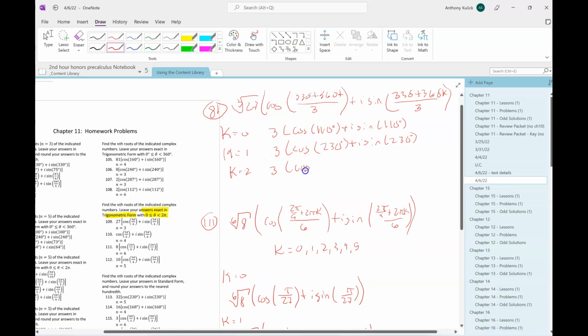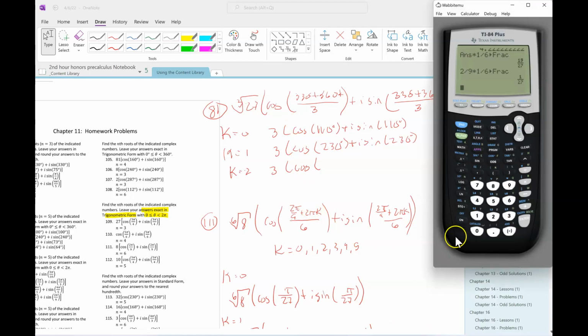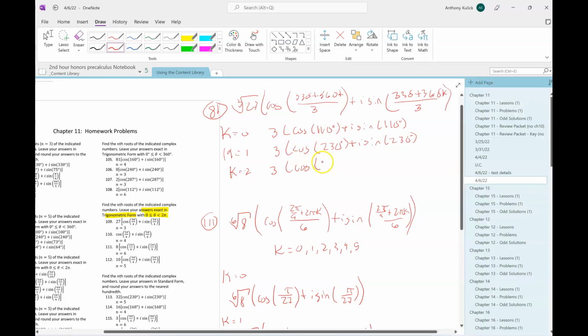And for k equals 2, I'm going to have 720 plus 330, which is 1050 divided by 3. It's going to be something. Calculator, please help. 350, I knew that.